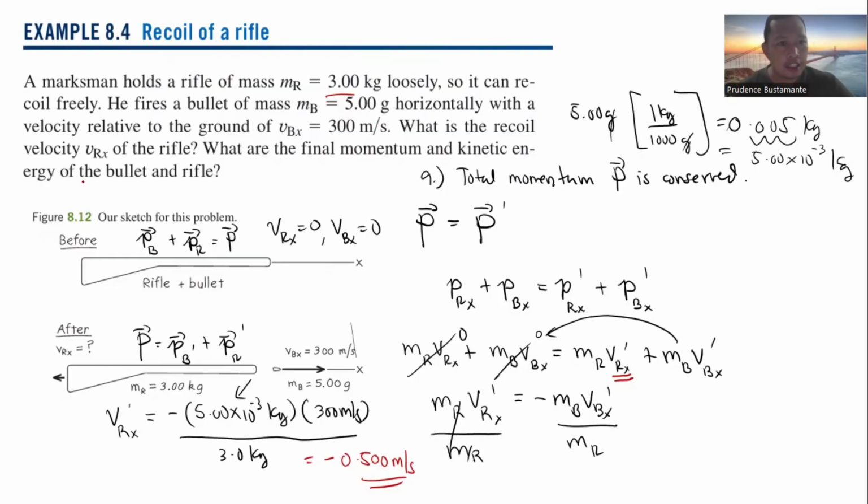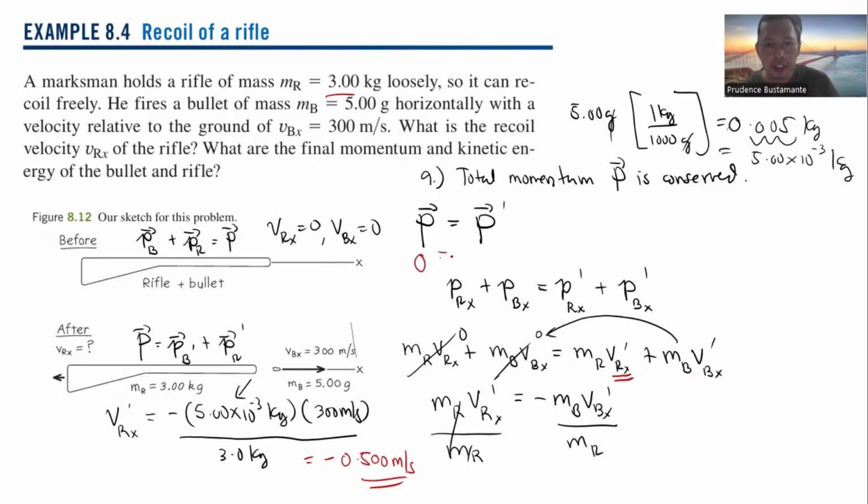So what are the kinetic energies of the bullet and the rifle? I will leave that one as your exercise. You have now the final velocities of the bullet and the final velocities of the rifle, so you can calculate each kinetic energy. You can also try to calculate the final momentum.